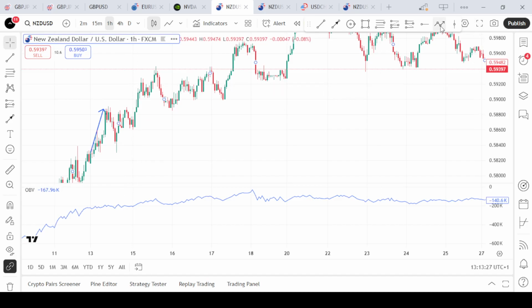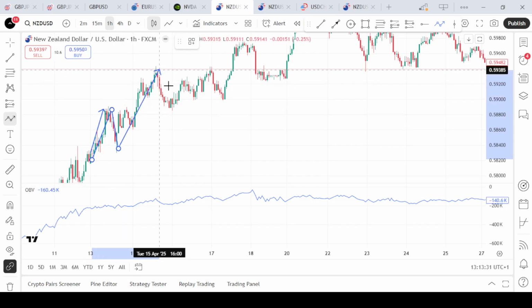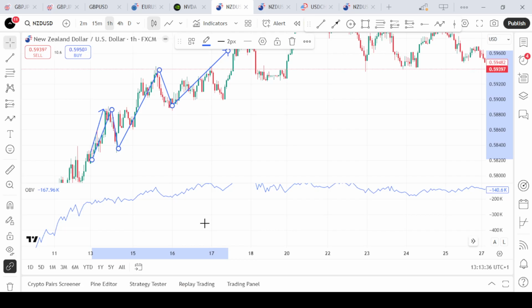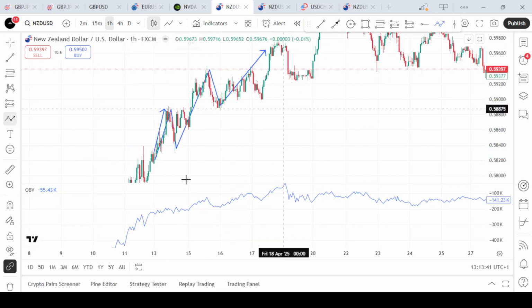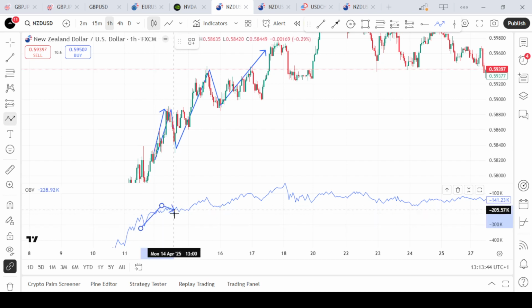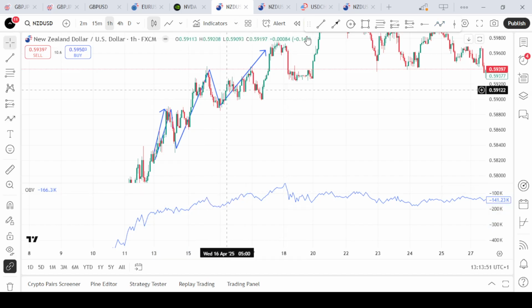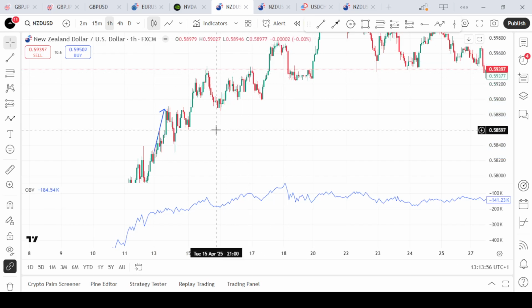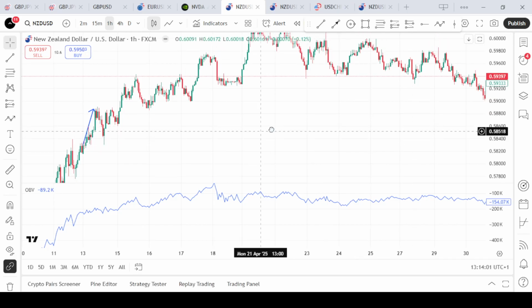Then if we look at this indicator, we can see that in that area the OBV is making the same movement: higher highs, higher lows, higher highs, higher lows, higher highs, signaling that this is a strong movement in the market. Conversely, if they are making lower highs and lower lows, it confirms a downtrend.